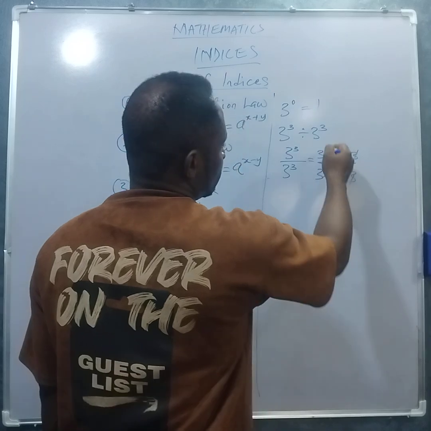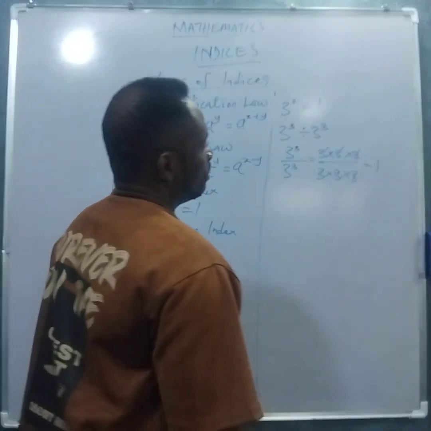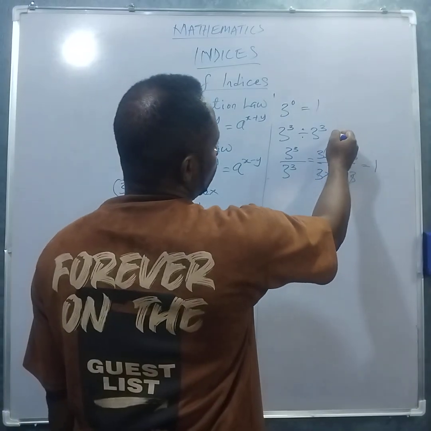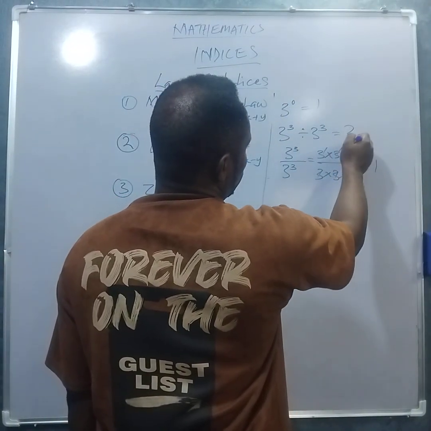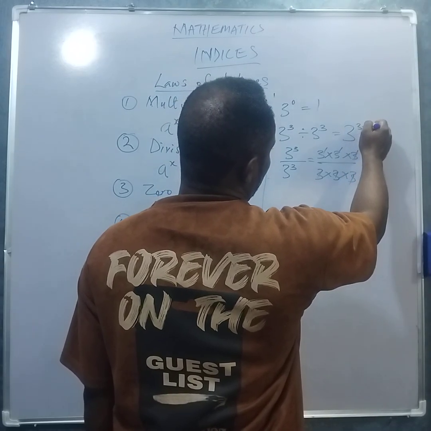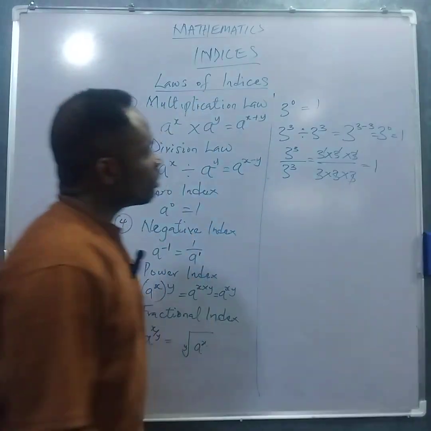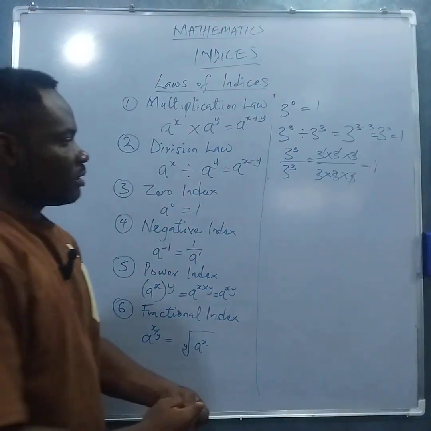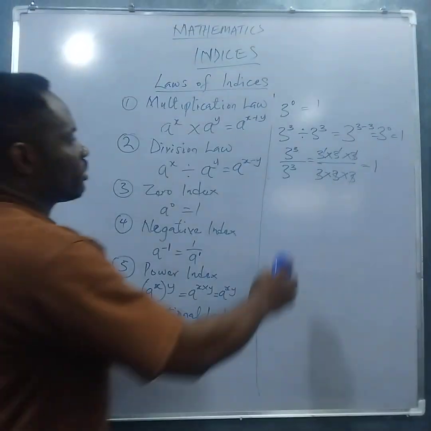All of them will cancel each other, so what we'll be having is 1. The same way, it means 3 raised to power 3 minus 3, which is 3 raised to power 0, which is equal to 1. So take note, this is for zero index.